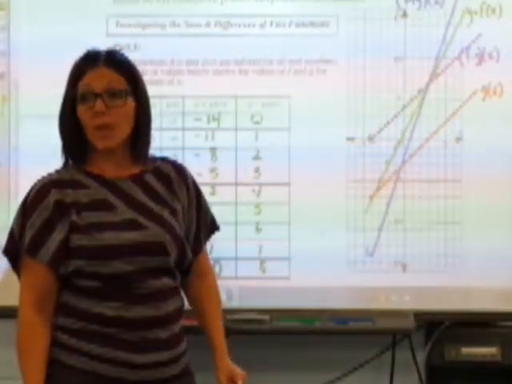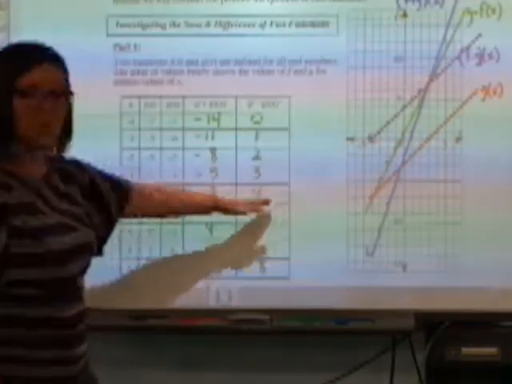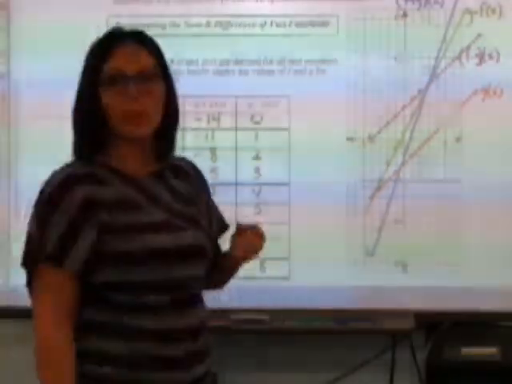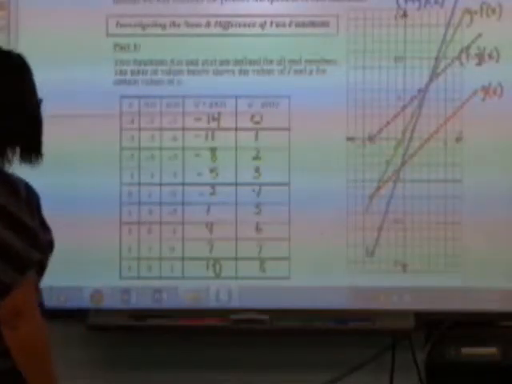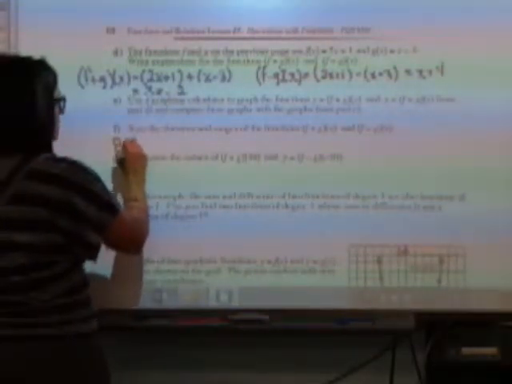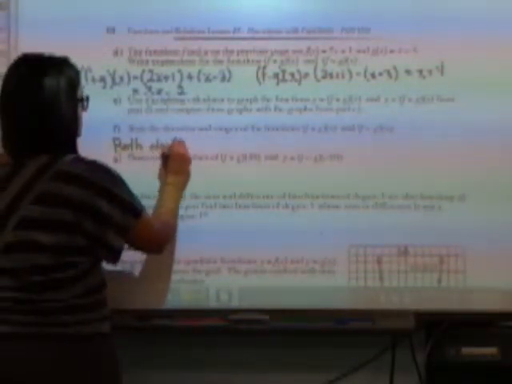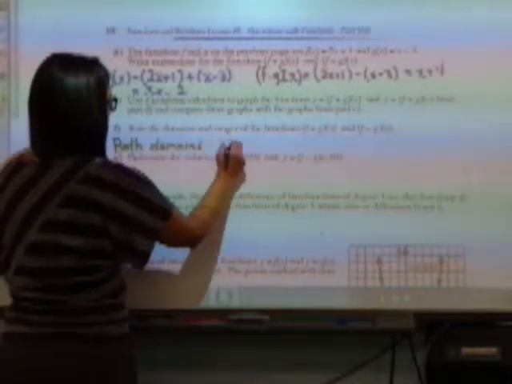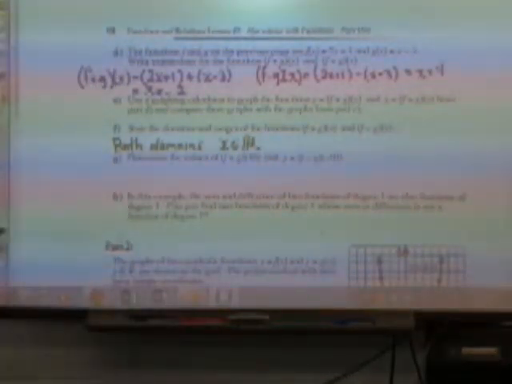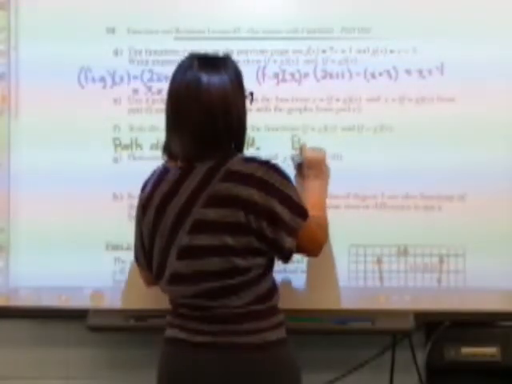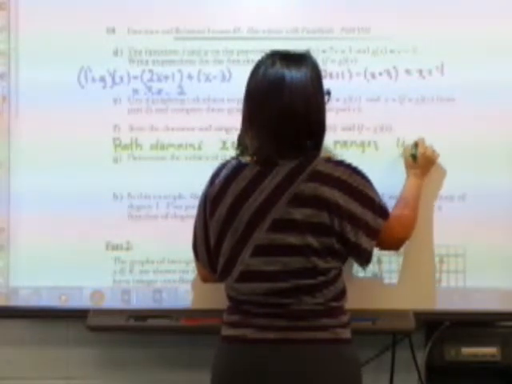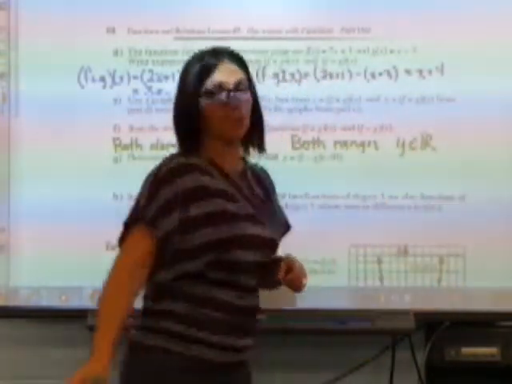It's eventually going to be any y value because this line is just going to keep extending down indefinitely and extending up indefinitely. So then both domains are x is an element of the real number system, and both ranges are that y can be a real number.